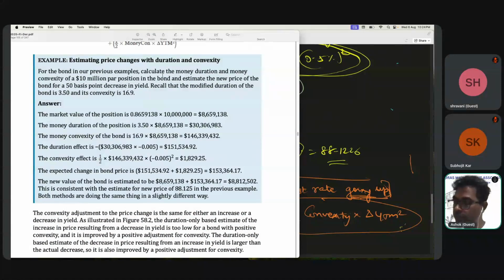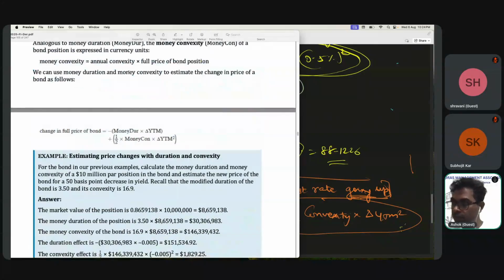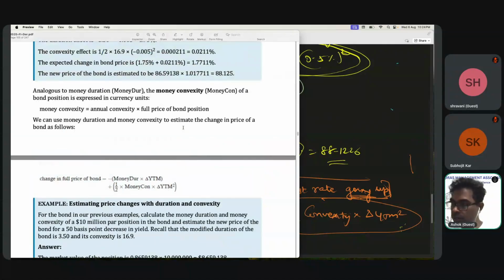For the bond in our previous examples, calculate the money duration. Now, what is money duration? So, money durations. Okay, money durations.